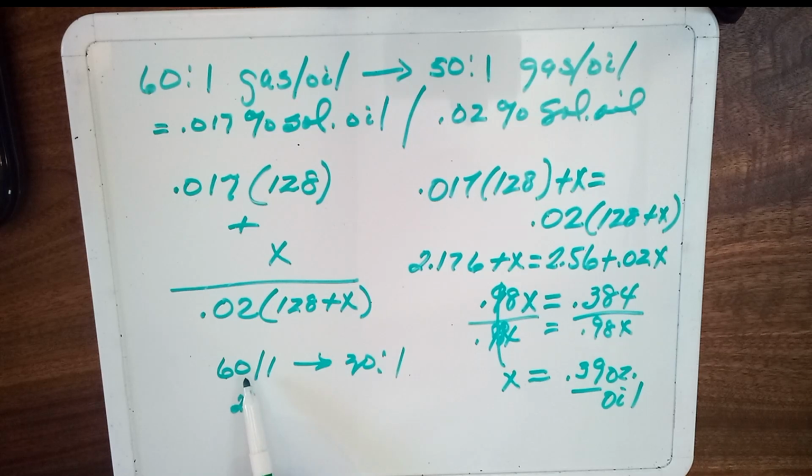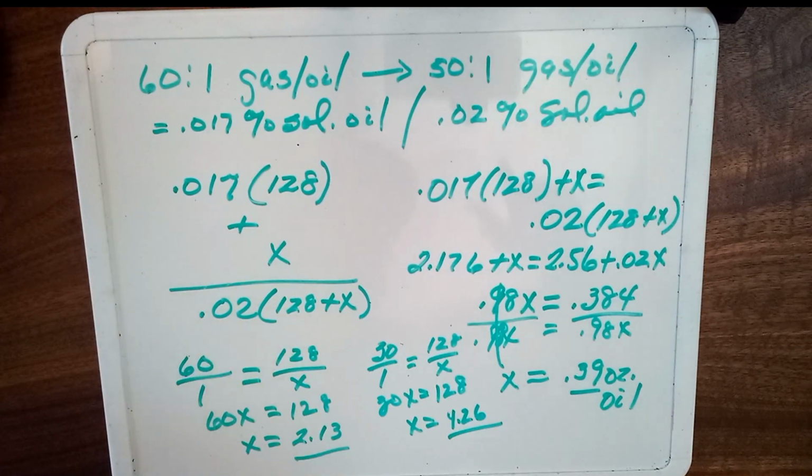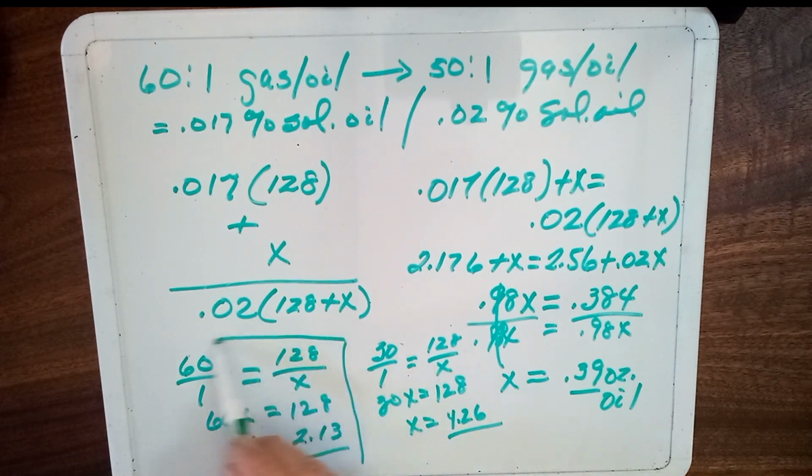If I wanted to reduce this 60 to 1 to 30 to 1, that's simple. And we can see that illustrated here, working our two proportions out.